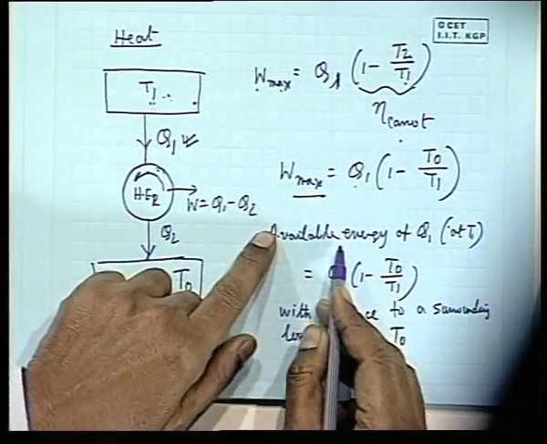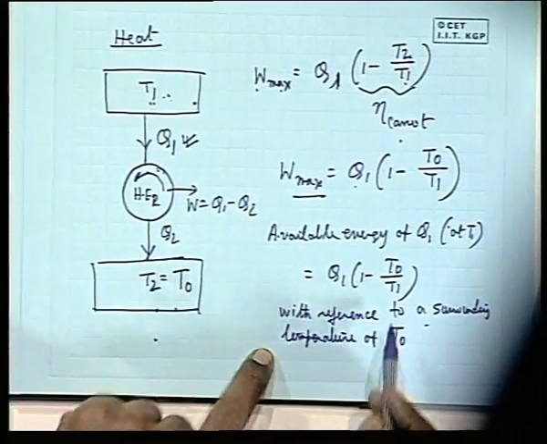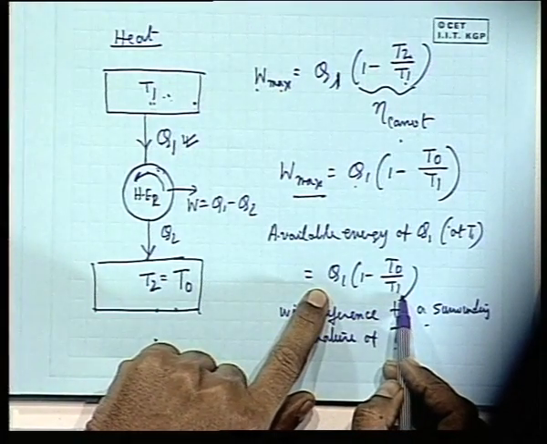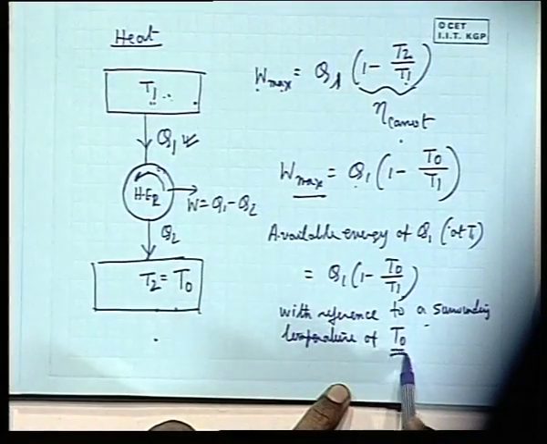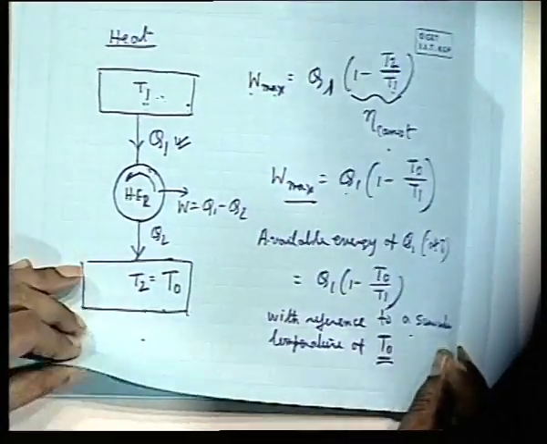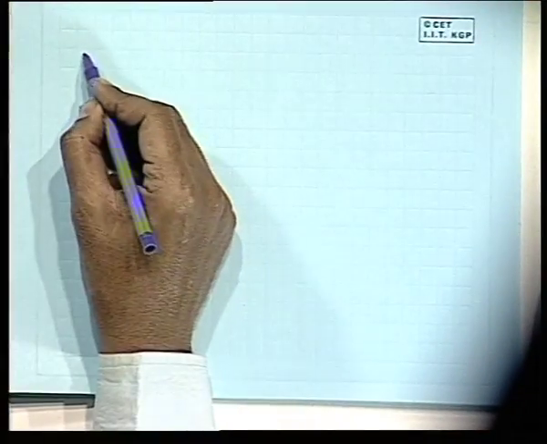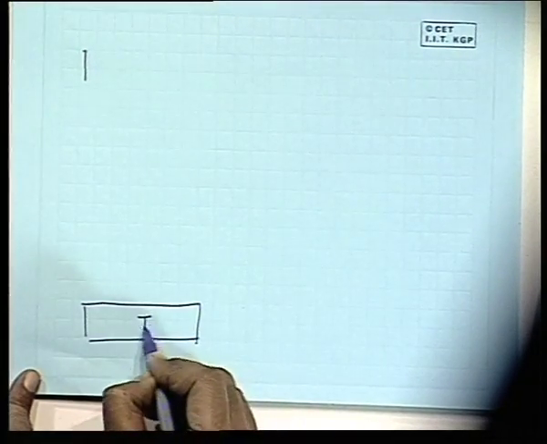So the available energy depends both on the surrounding and on the temperature from which Q1 is obtainable. Now consider that T0, the ambient temperature, is fixed.